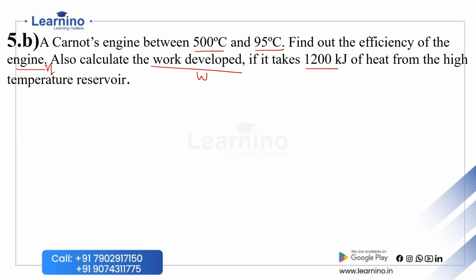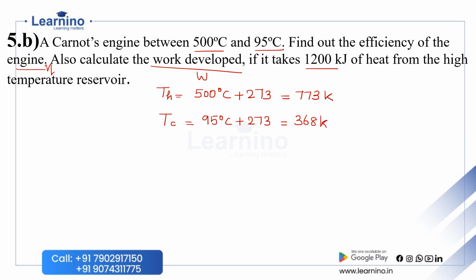The temperature of the hot reservoir, TH, is 500 degrees Celsius, which in Kelvin is 773 Kelvin. And the temperature of the cold reservoir, Tc, is equal to 95 degrees Celsius plus 273, and that is equal to 368 Kelvin.